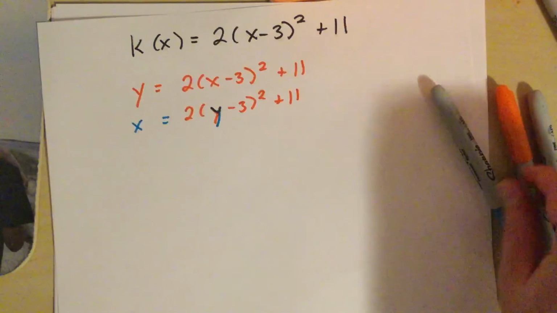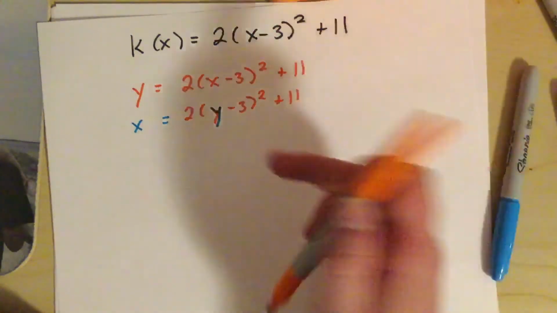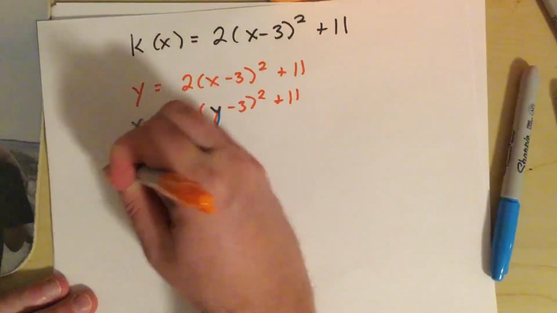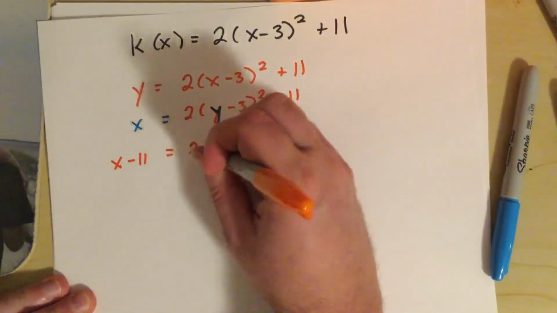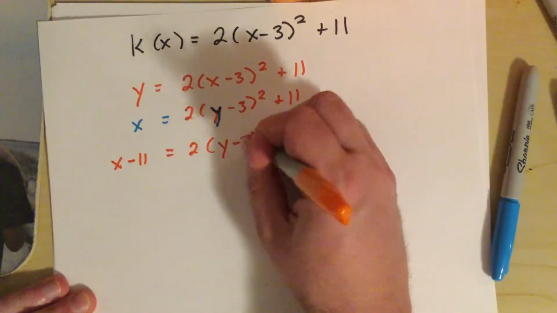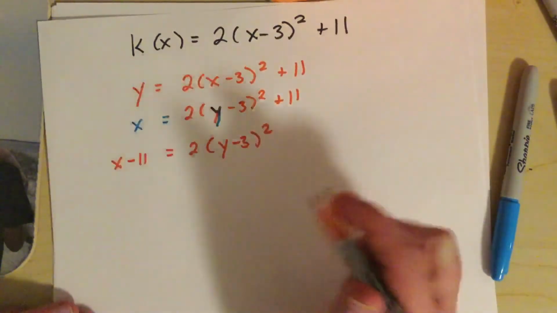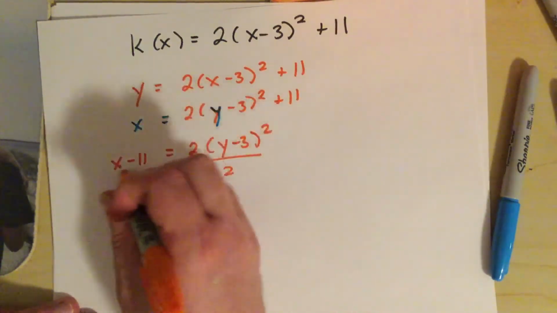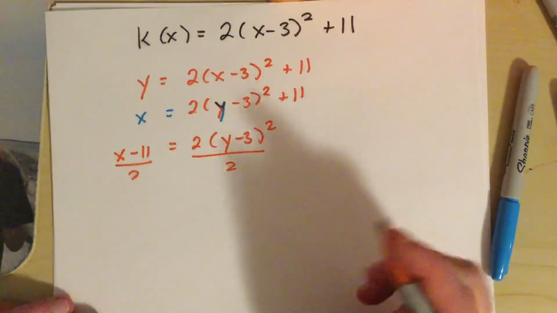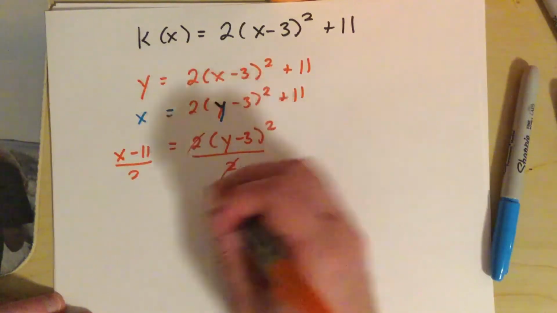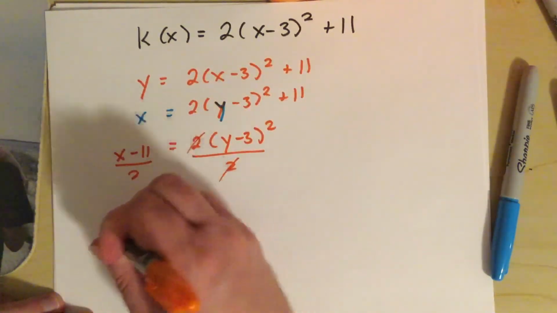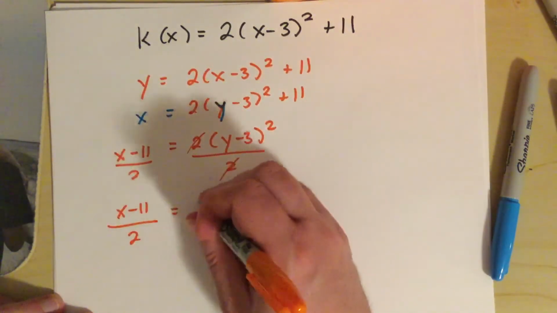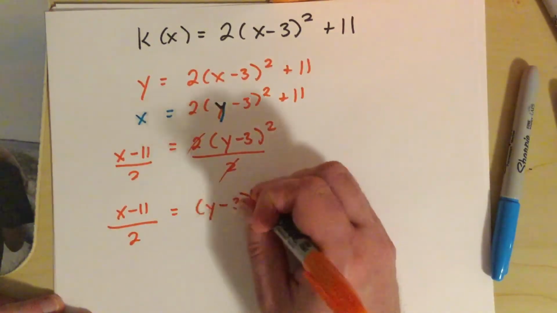Then what we do is we isolate the y. And we're going to bring the 11 over first. X minus 11 is 2 times y minus 3 squared. Then we divide both sides by the 2. We kind of take the stuff that's farther away from the y first. X minus 11 over 2 is y minus 3 squared.